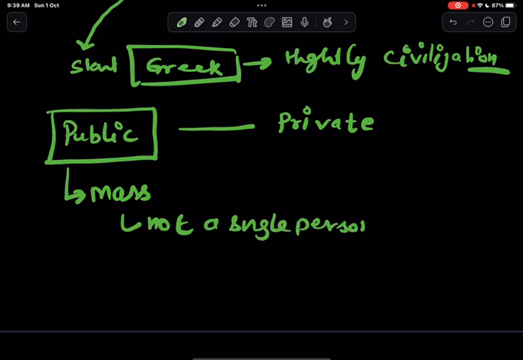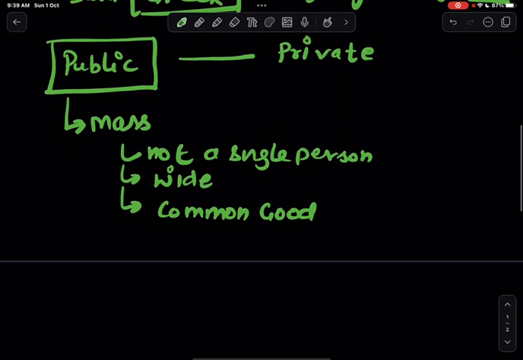Their domain is wide, they are asking for the common good, and they have a wider application.